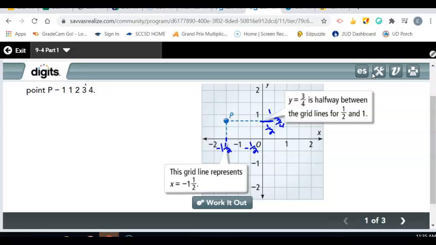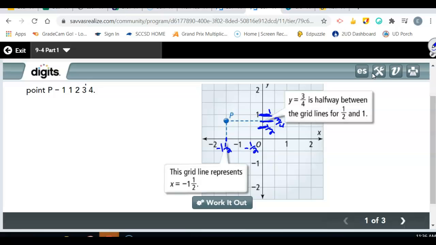An easy way, I should say easy, a way to help you remember that is think about money. If you have one full dollar, how many quarters do you have? Yeah, you have 4 quarters. If I have half of a dollar, how many quarters do I have? 2, that's 50 cents.